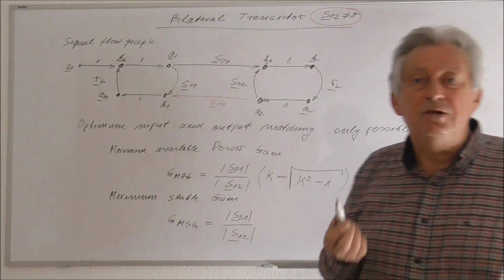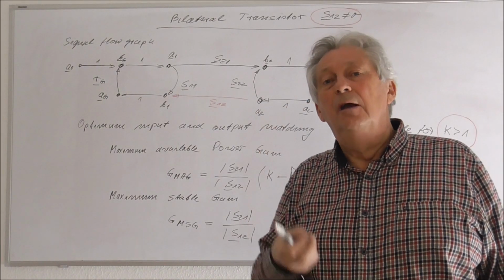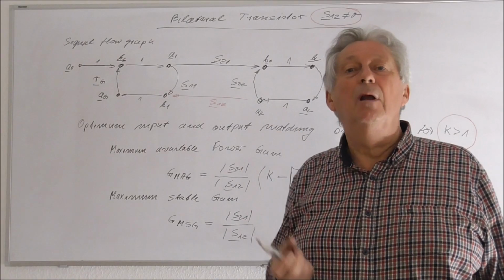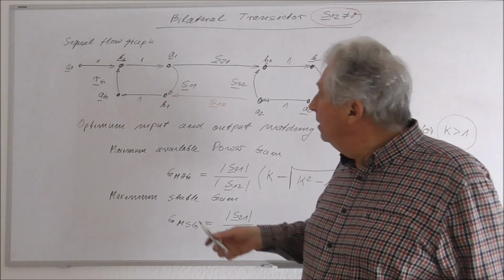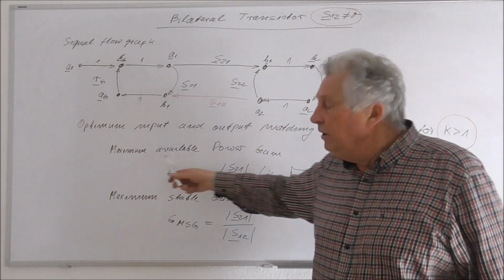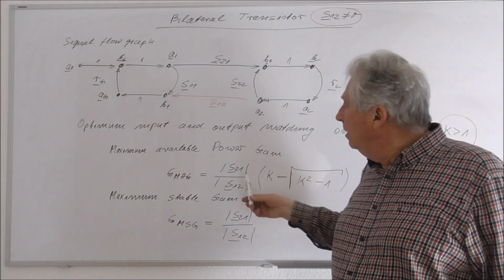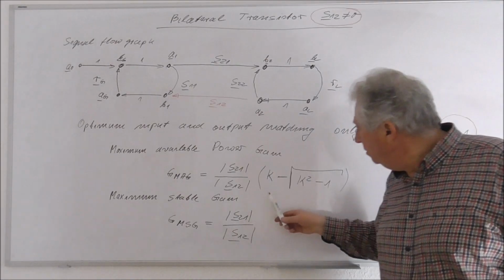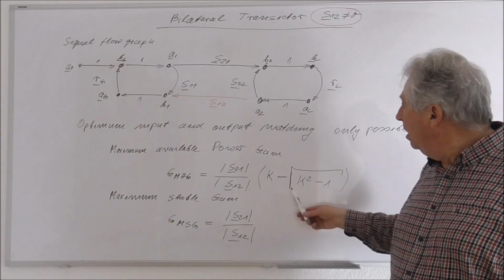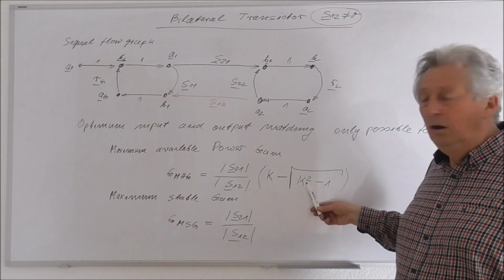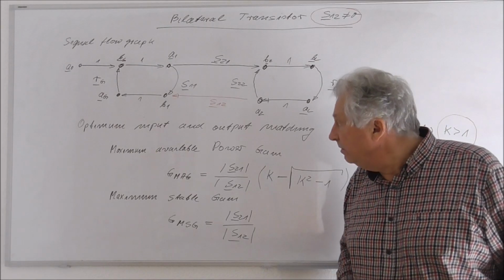So a prerequisite to set up an RF amplifier is in the first case to stabilize the transistor over the whole frequency range. And as soon as it's stabilized, then we can calculate the so-called maximum available power gain. This expression is possible to calculate as long as k is greater than 1, otherwise this makes no sense.